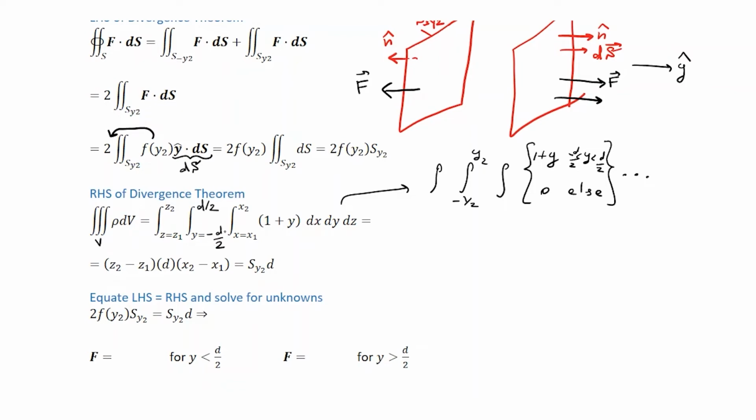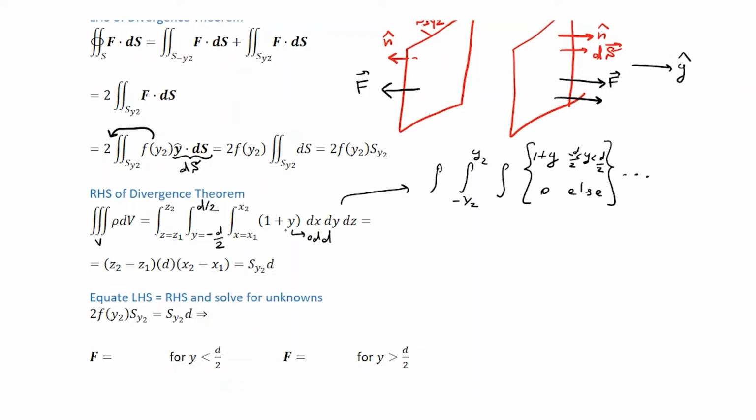Okay, then we need to evaluate this integral. Integration over z is just going to give us z2 minus z1. The same happens for the integration over x: x2 minus x1. Now for integration over y, you see how y is an odd function, right? And our integration bounds are symmetric. It's from a negative number to a positive number of the same magnitude.